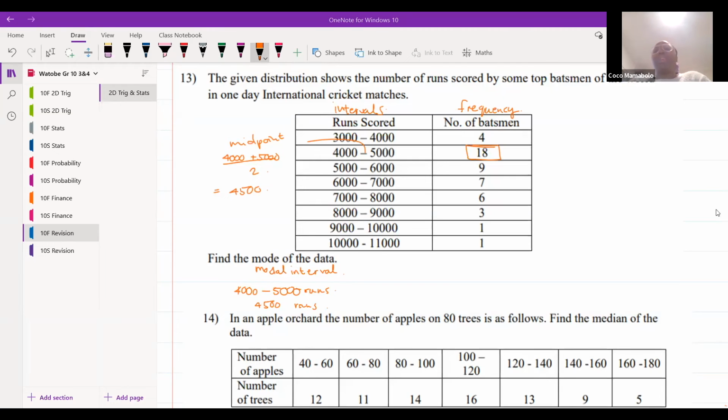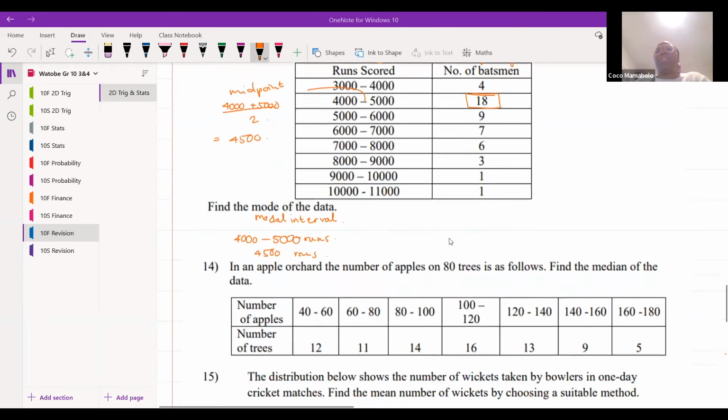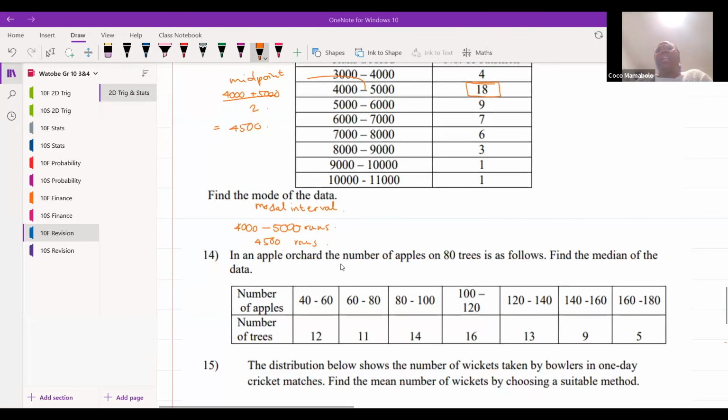All right, so that one was a pretty easy one. Let's look at number 14. Question 14 says, in an apple orchard, the number of apples on 80 trees is as follows. Find the median of the data. Who has an answer for me for the median of this particular set of data?